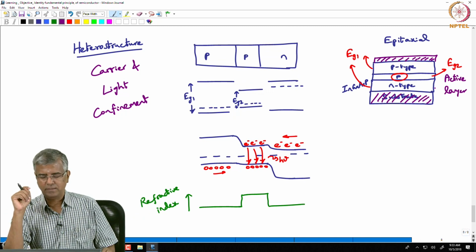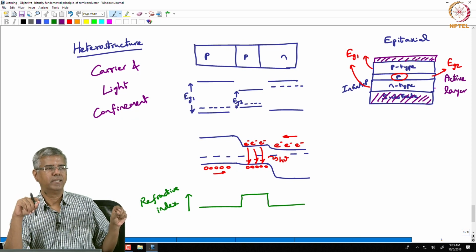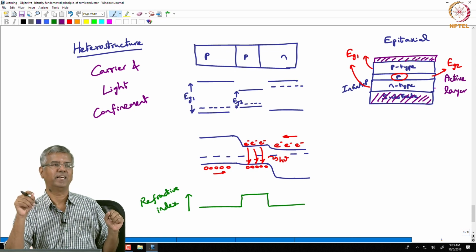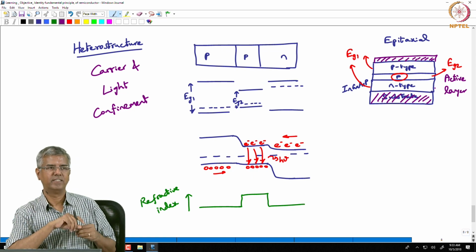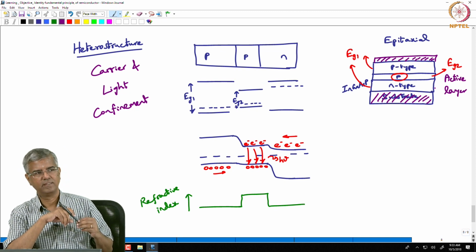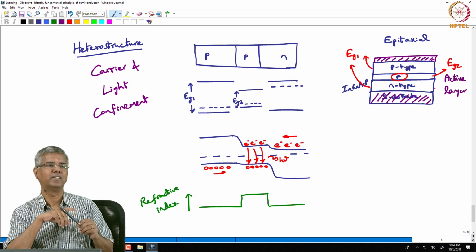Now that brings up another point. If light is guided over that layer, there is also a possibility of some other event happening. What is that? You have carrier confinement as well as light confinement.